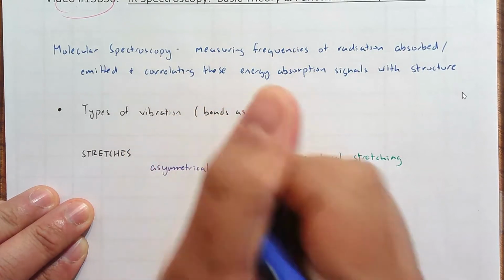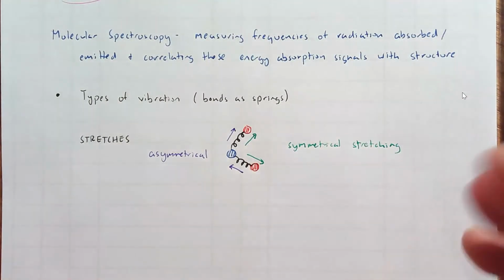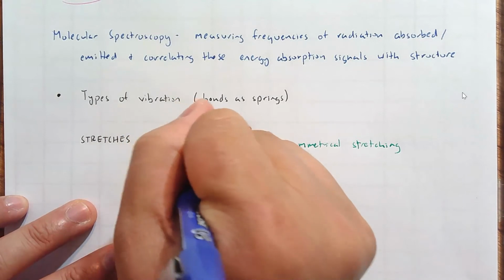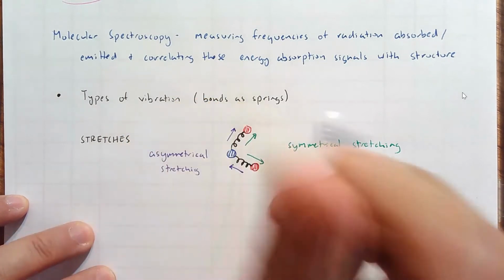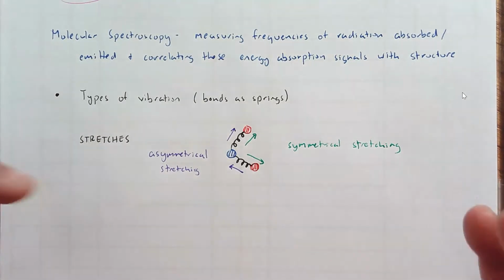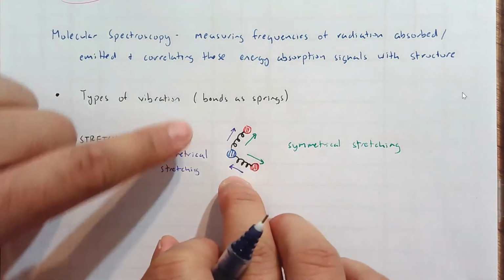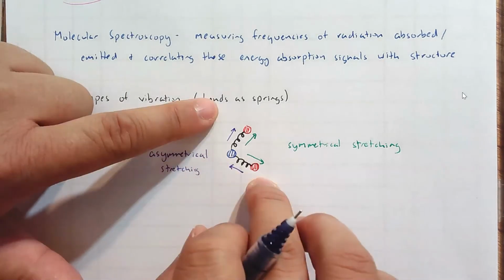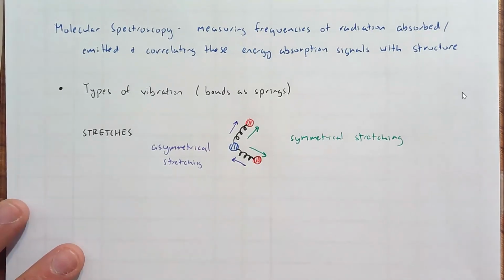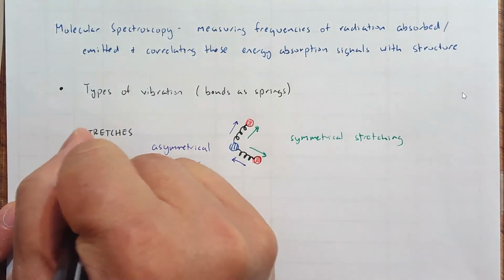You don't typically need to identify these types of stretches via cartoon. I'm just showing you some examples. Because you can imagine that these stretches have now a frequency, a pattern of going in and out, expanding, contracting, and it's always happening. It's always vibrating.